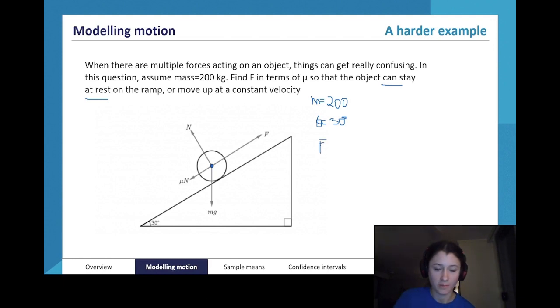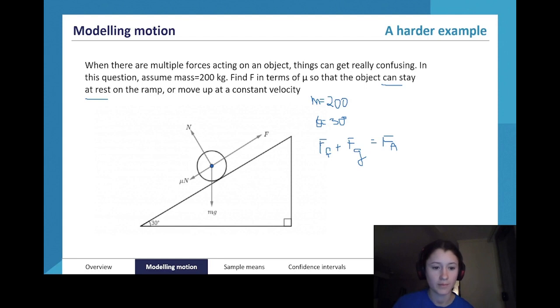F of friction plus F due to gravity is equal to the applied force up the ramp, because our forces are balanced, leading the object to stay at rest, right?